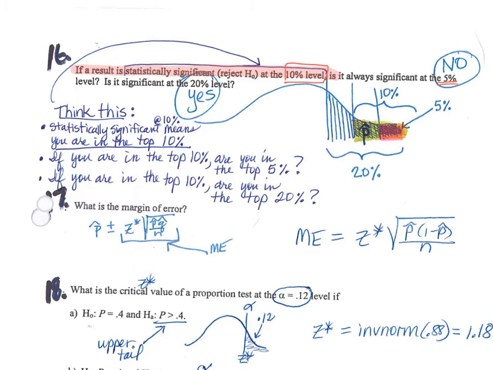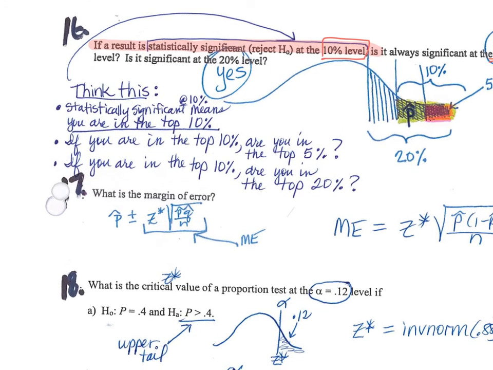Not necessarily. So that's what I have written over here on this side. If you are statistically significant at 10%, that means you are in the top 10%. If you are in the top 10%, are you in the top 5%? Not necessarily. So you are not significant at 5%. But if you are in the top 10%, are you in the top 20%? Yes. So you are significant at the top 20%.